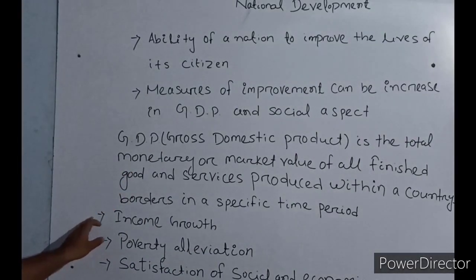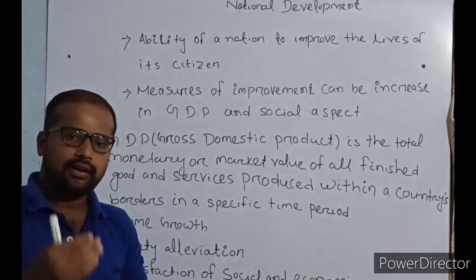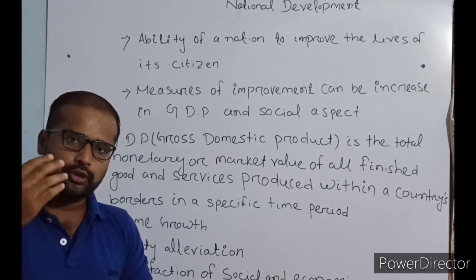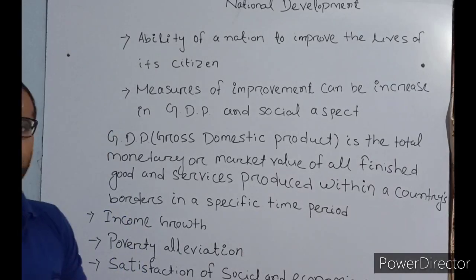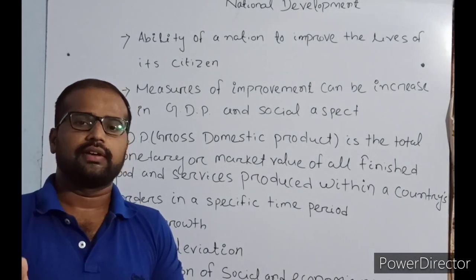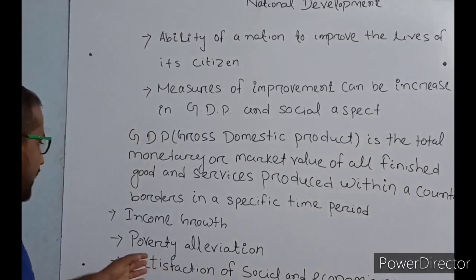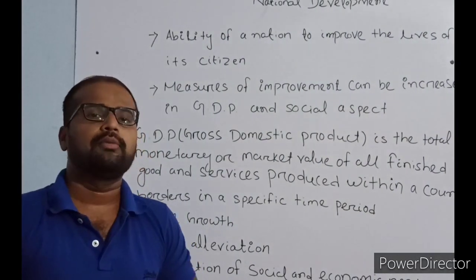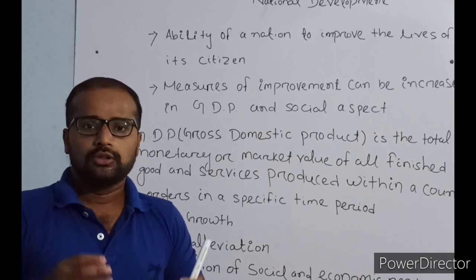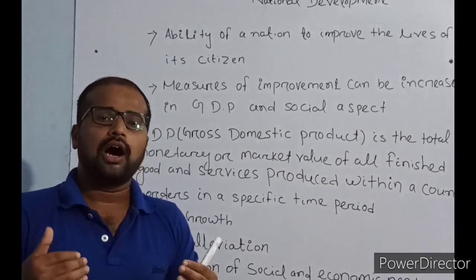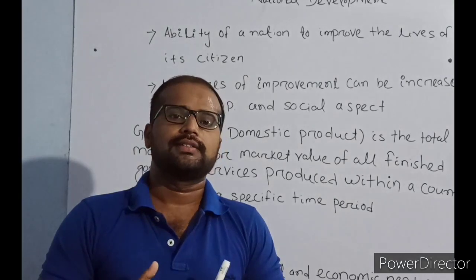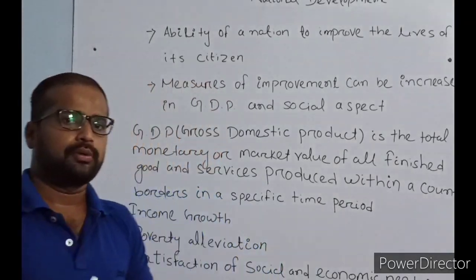Income growth means the country has to improve income growth, meaning individuals' income should grow; the per capita income is one of the important things in whether the country is developed or not. And poverty alleviation: in a country like India where there is a large number of poor people, how the government will alleviate poverty is also one of the foremost important things.